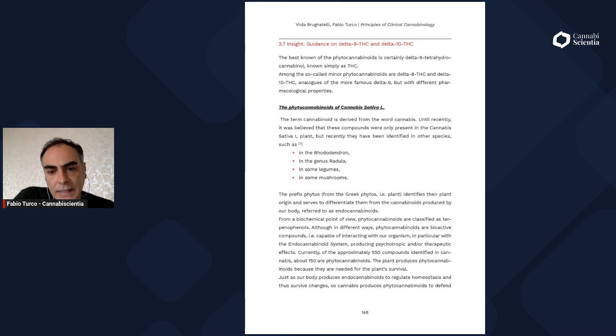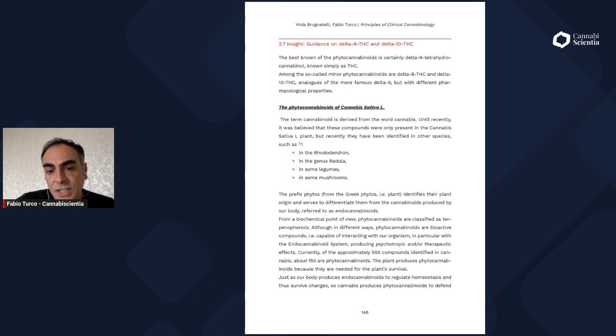The plant produces phytocannabinoids because they are needed for the plant's survival. So the cannabis plant does not produce cannabinoids because we human beings can use them for therapeutic or recreational purposes, but because plants need to defend against environmental stressors such as little bugs, but also bacteria, viruses, UV rays, and so on. So phytocannabinoids are produced by the plant to defend itself from external aggressors.